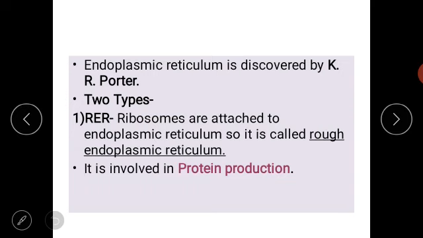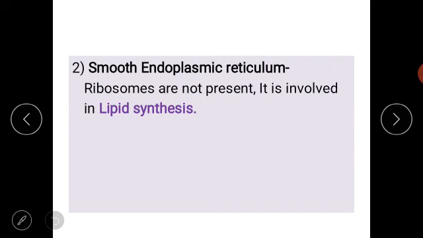It is involved in protein production. Smooth endoplasmic reticulum is involved in lipid synthesis.